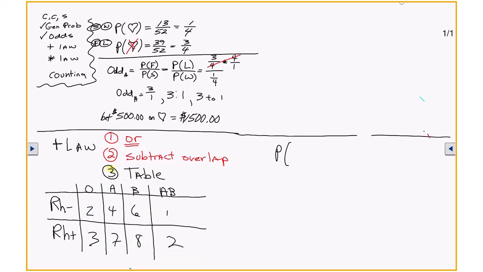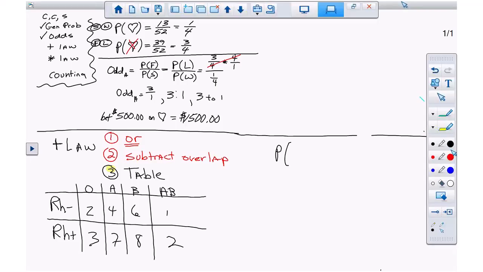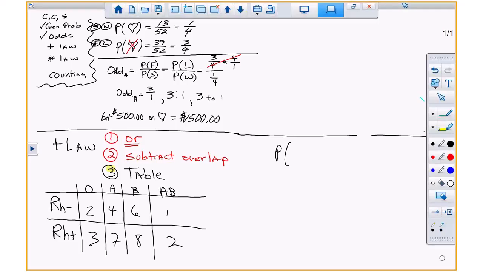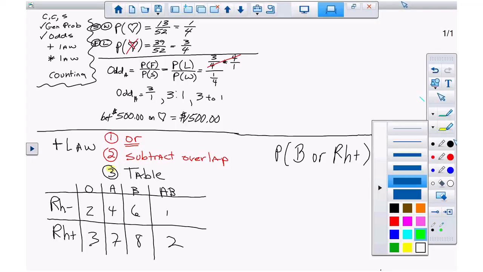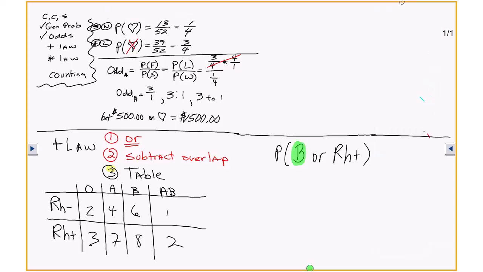There we go. So now I want to know the probability of B or RH positive. All right, you do that one. And I'm going to do all my coloring while y'all are working. I'll color this one green.